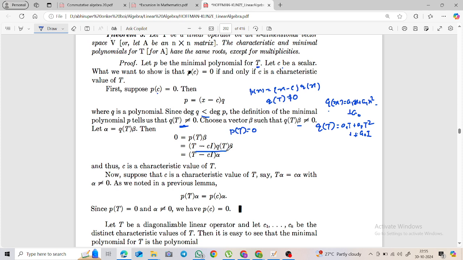Now they have written this: (T minus C I) alpha is 0. Thus we get T alpha equals C alpha. So C is a characteristic value of T.